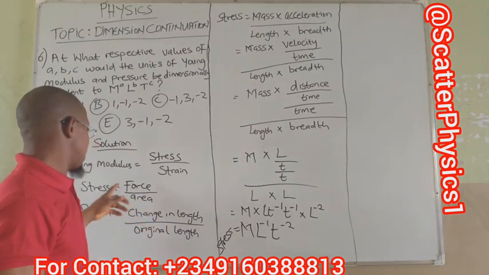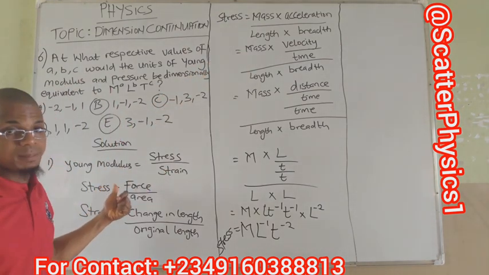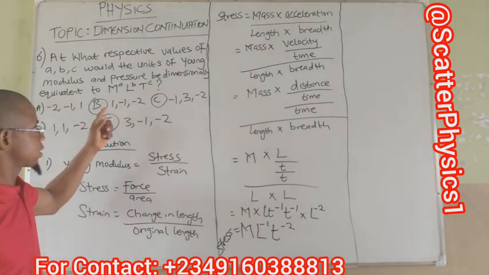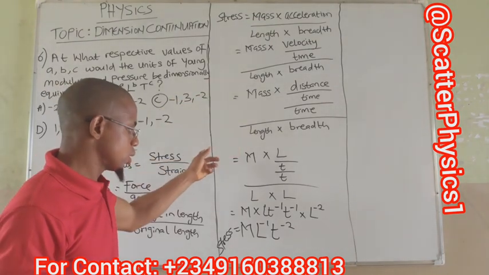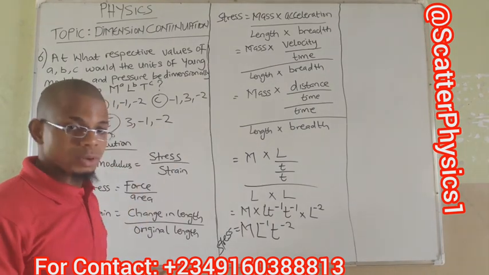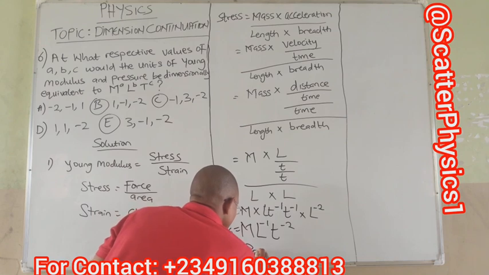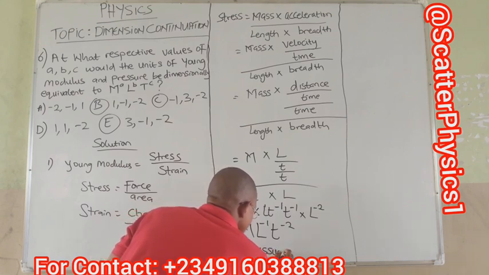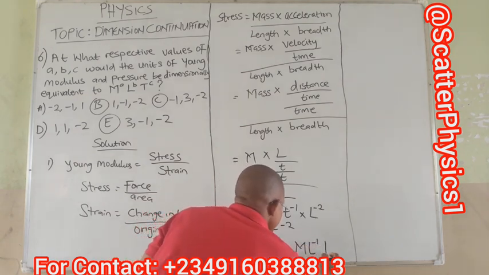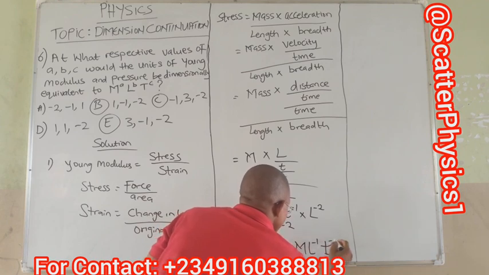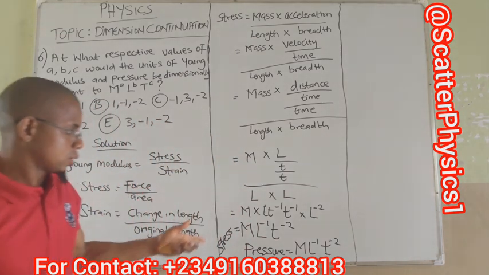That's what pressure says, and we started from force when talking about stress. So pressure and stress are equivalent. That's why we will not start looking for pressure again. Pressure also has the dimension M L raised to power minus 1 T raised to power minus 2.